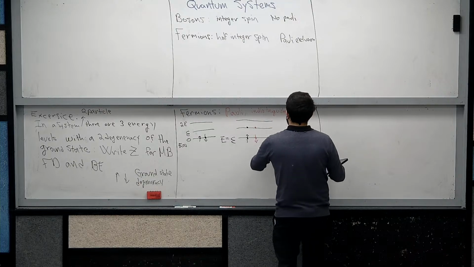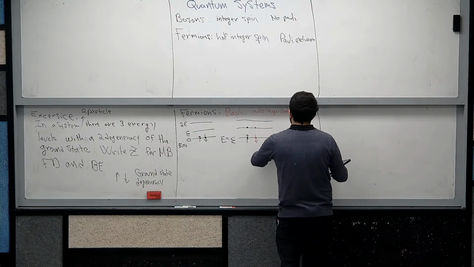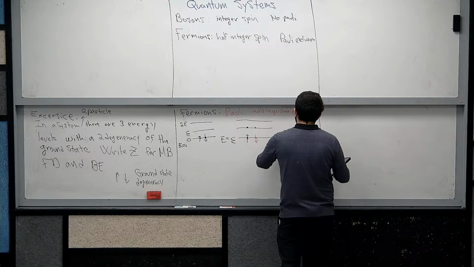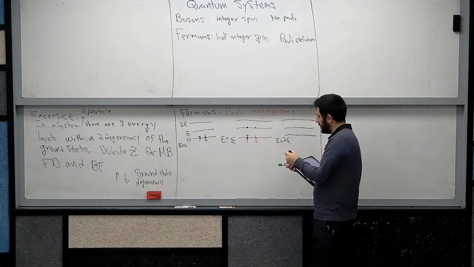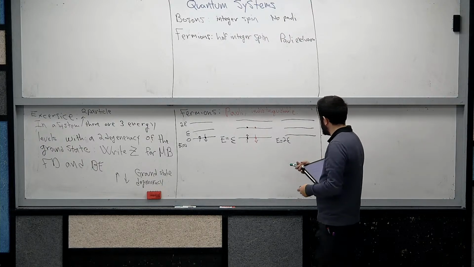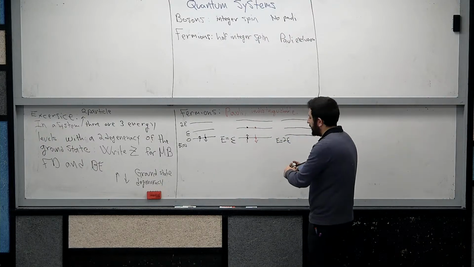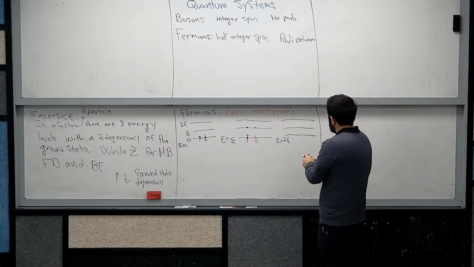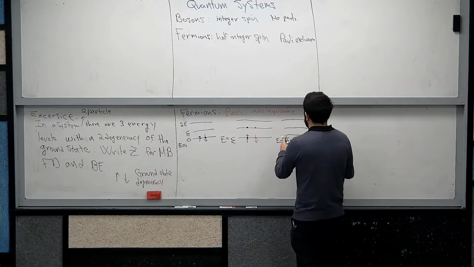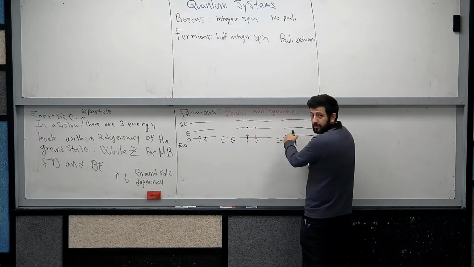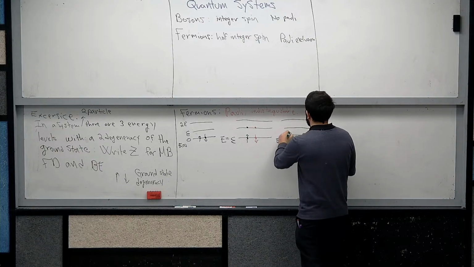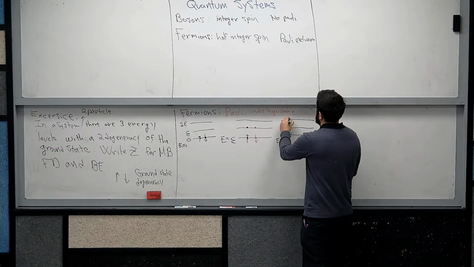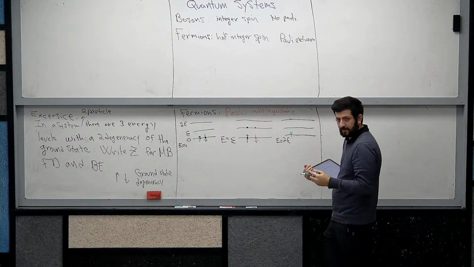Then let's move on to energy equal to two epsilon. Can you tell me the possible states of the two epsilon energy? So like spin up and down. So first we have a spin up here, and here let's say we have a particle.